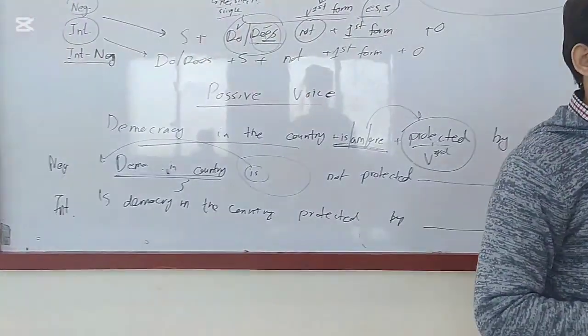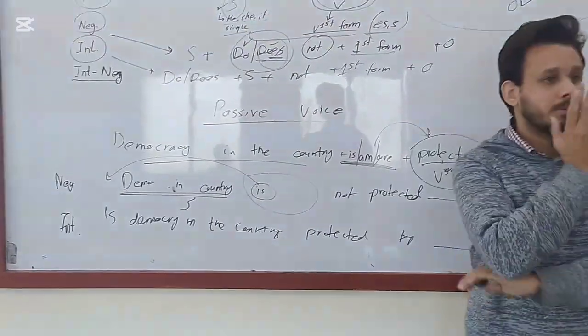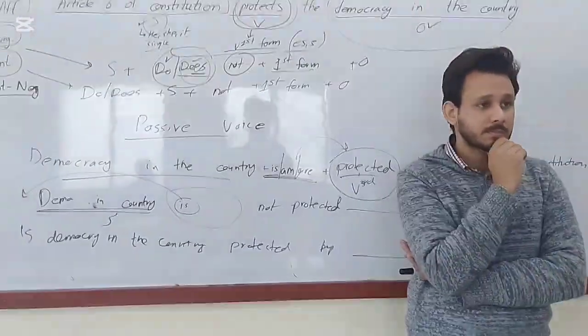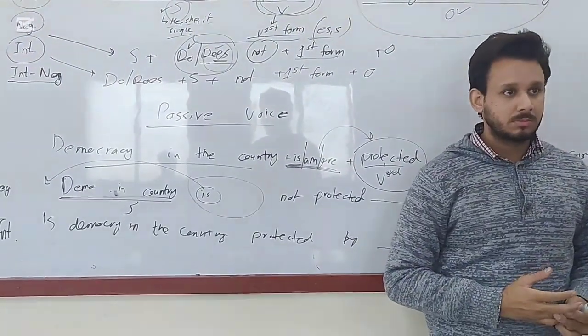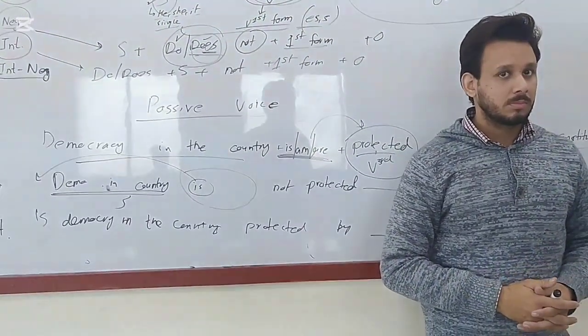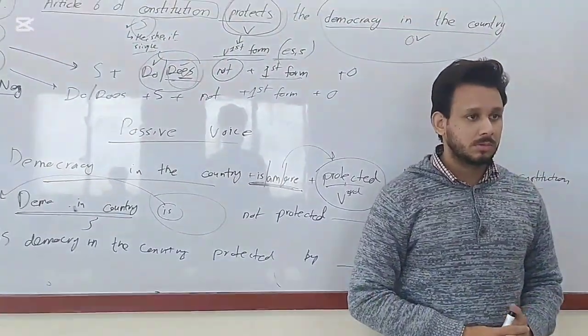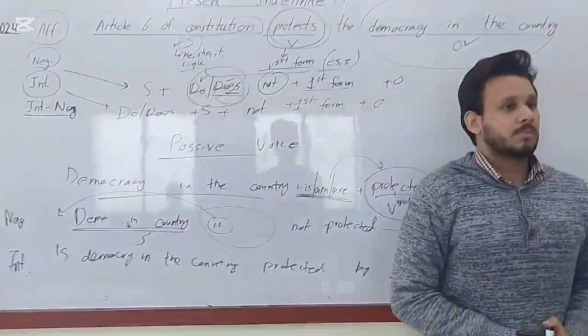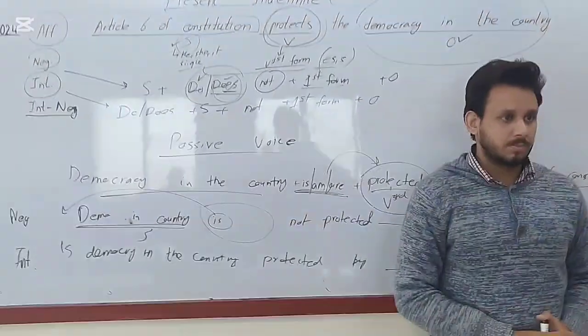Yes, Ahmed. Before, in present indefinite, the sentence is Ryan beats Ali. Okay, so then in the passive voice, it will be Ali is beaten by Ryan. Yes, right. Then in the negative, it will be Ali isn't beaten by Ryan.